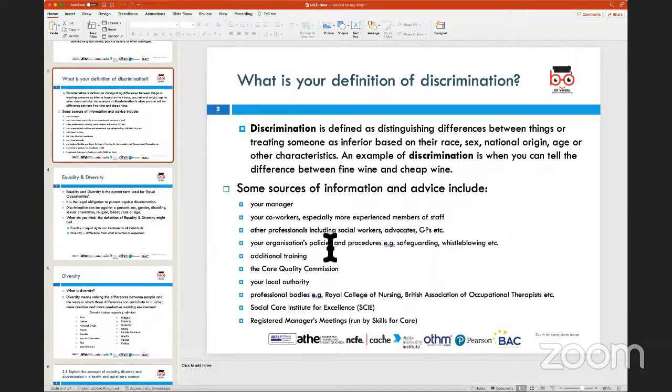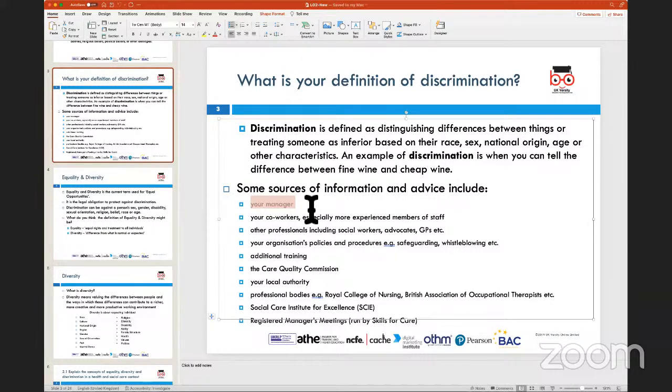Now, there are lots of sources of information through which equality, diversity, and discrimination within the health and social care sector can be explained. You can get information from very different sources. These include, for example, your manager, the person you report to, who should be able to provide you information on what equality, diversity, and discrimination mean.